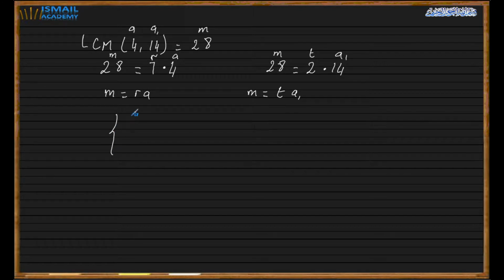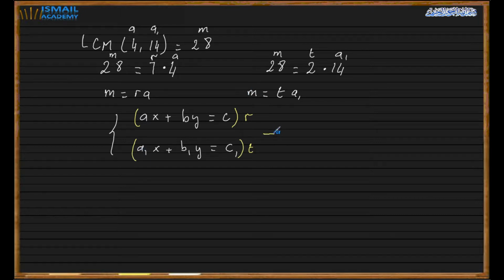So in my system, I have AX plus BY equals C and A1X plus B1Y equals C1. In order for me to have the same coefficient, I multiply the first equation by R, and I multiply the second equation by T. The idea is that when I have RA, it's M, and when I have TA1, it's M again.